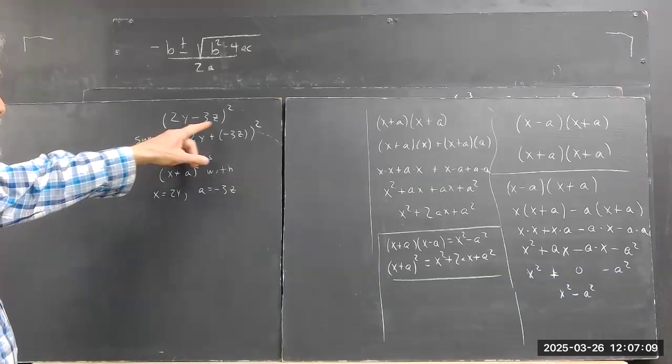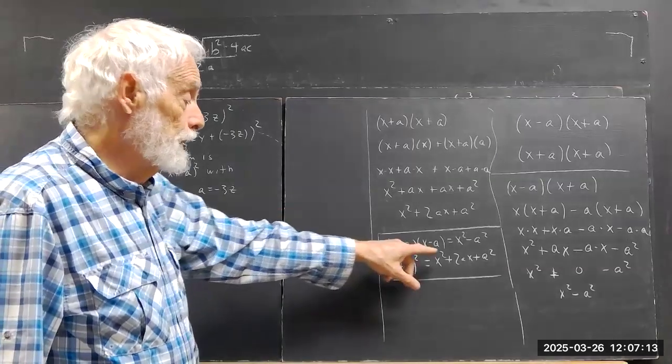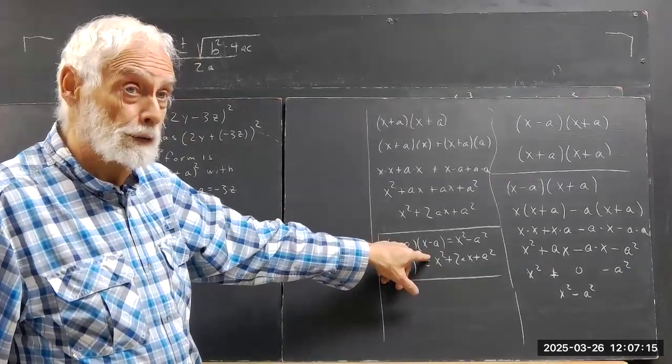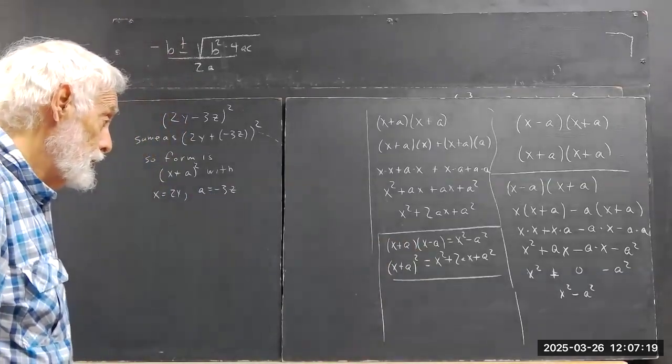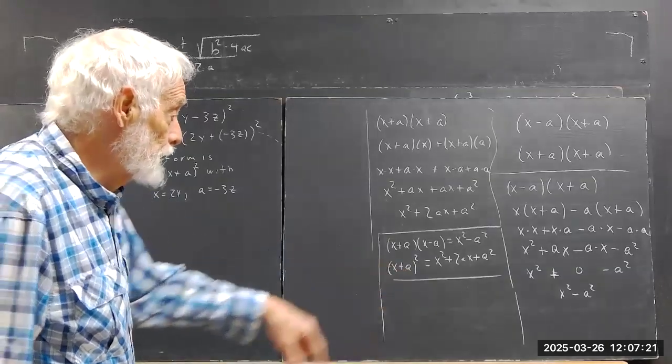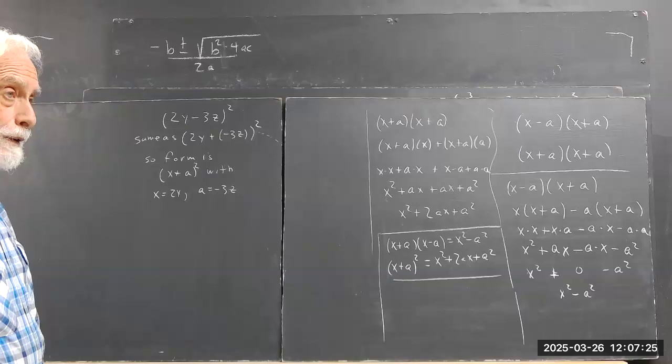So if you have a minus here and it's squared, you don't confuse that with x plus a times x minus a. That's not what it is, right? It's an x plus a squared where a has a negative sign.